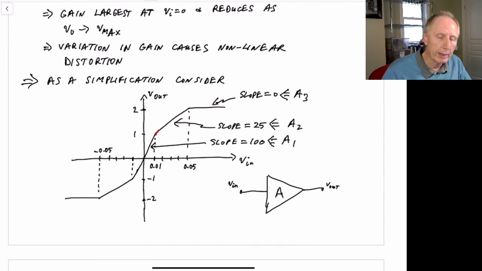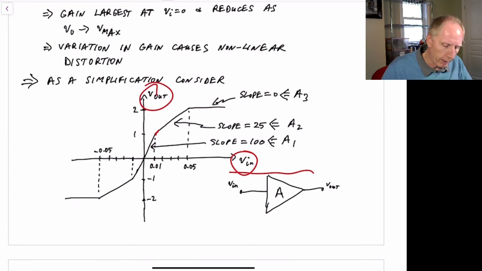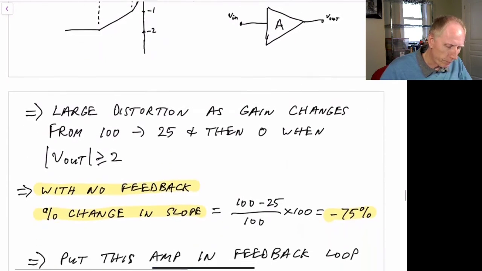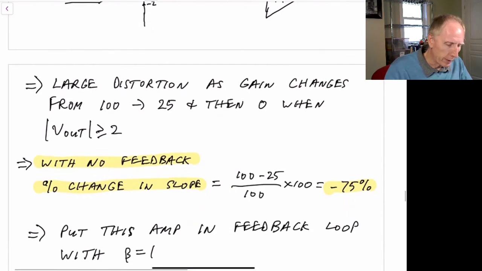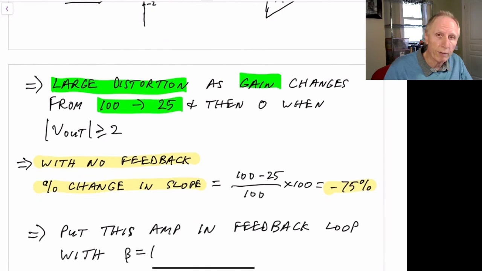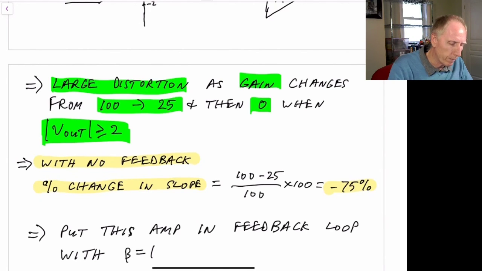So we can see we have varying gains, and we'd like to know what would happen if we took an amplifier that had this type of characteristic for Vn versus Vout, and we put that into a feedback loop and saw what the closed loop feedback gain looked like. As I mentioned, this is a case where we have a fairly large distortion because our gain is changing from 100 to 25, and then it changes to 0, and finally Vout is greater than 2.